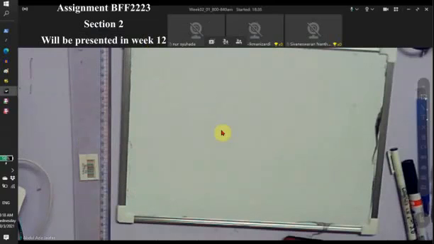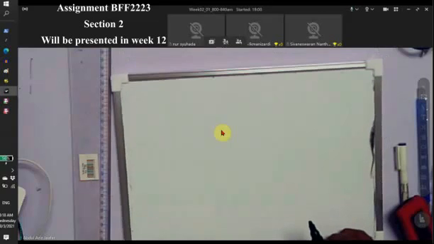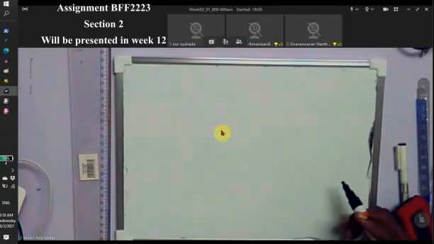So for this semester, you're going to design a device that can measure the average velocity of a wind, right?